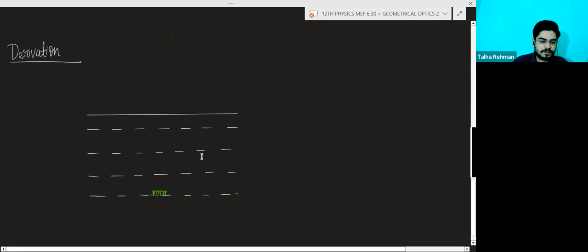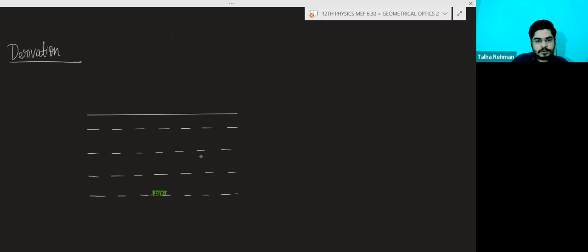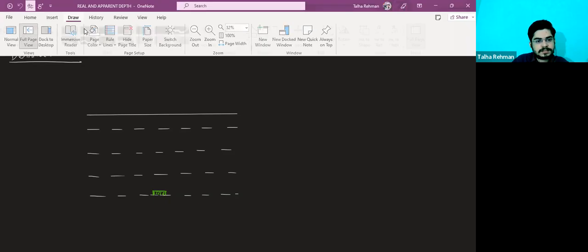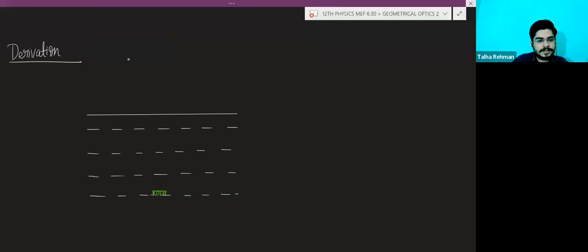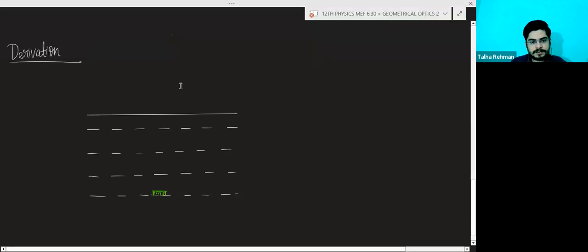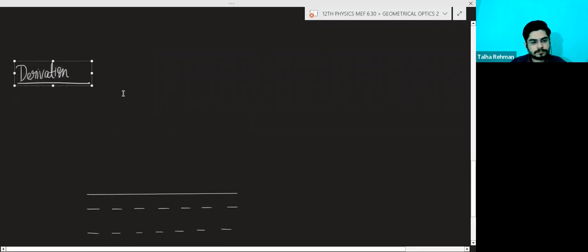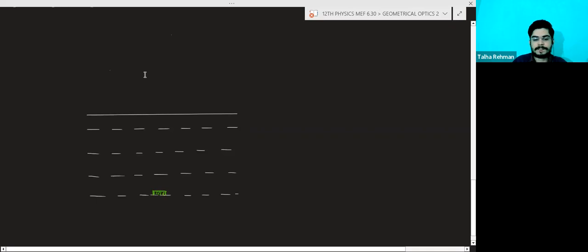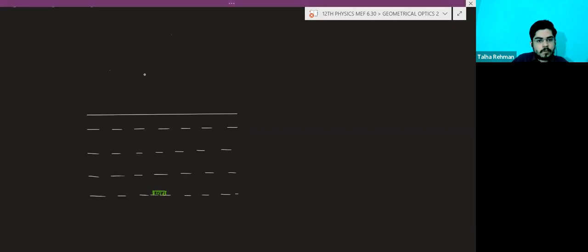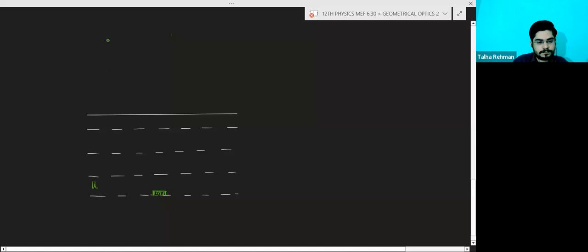If the water is there, and this object, and here is the air. I am not saying this can be only water. It can be any other medium also. Air.